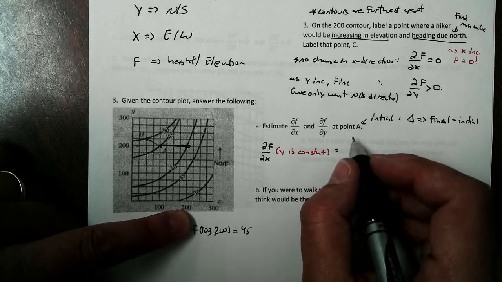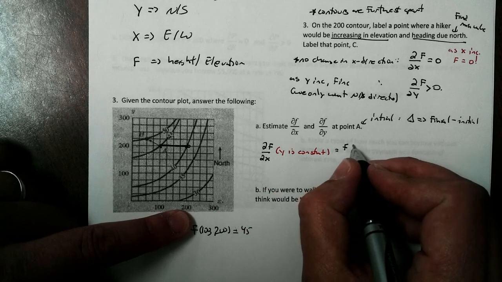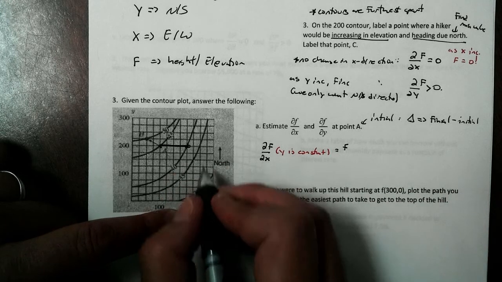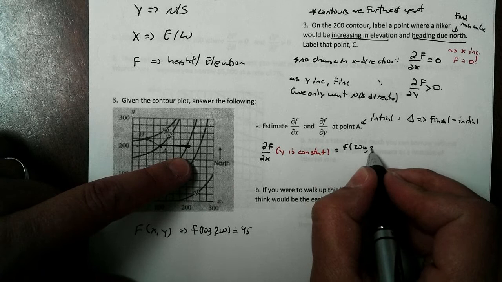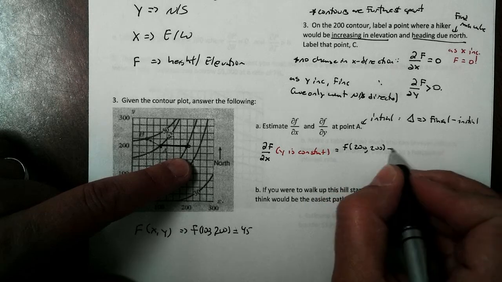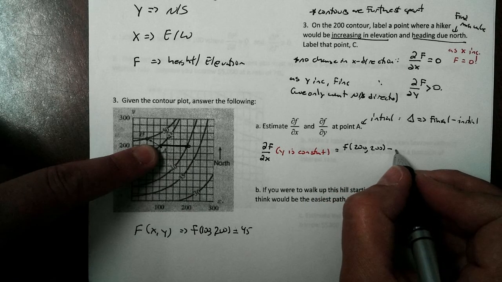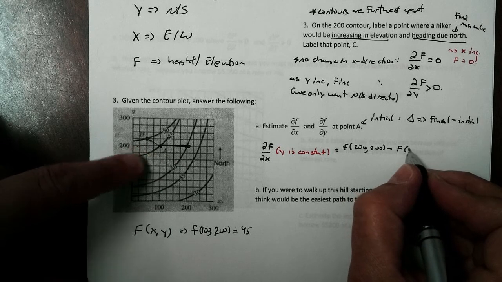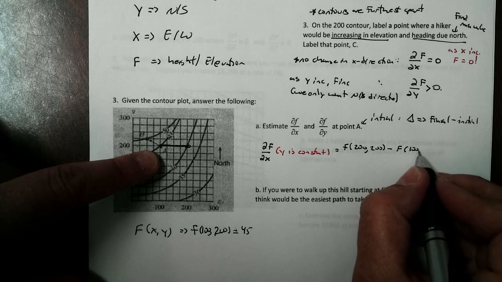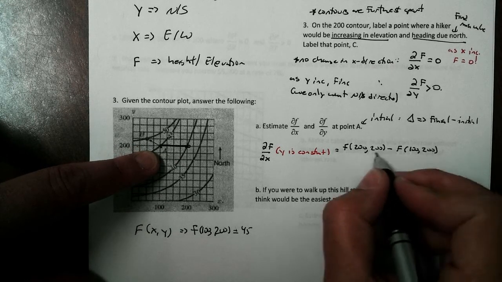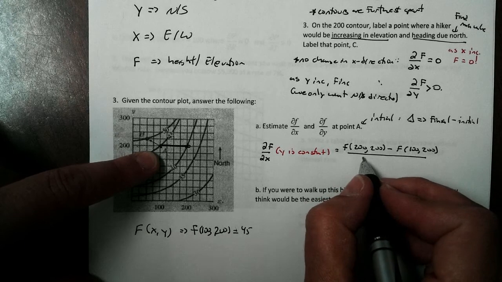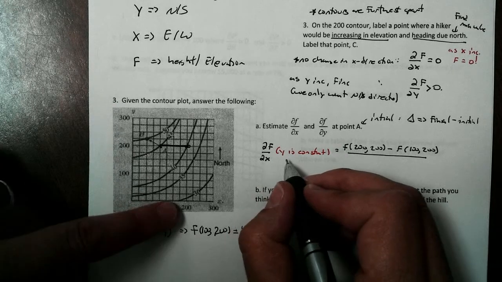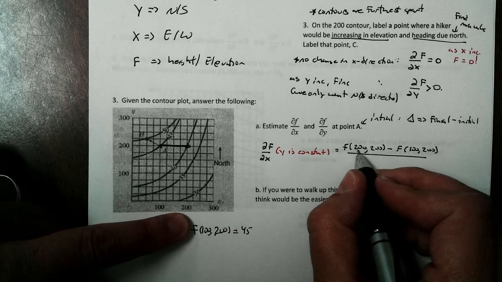So I'm going to write this as f of 200, 200, minus my point over here, f of 100, 200, and I'm going to divide that by, of course, my change in my x's. My x's go from 200 minus 100.